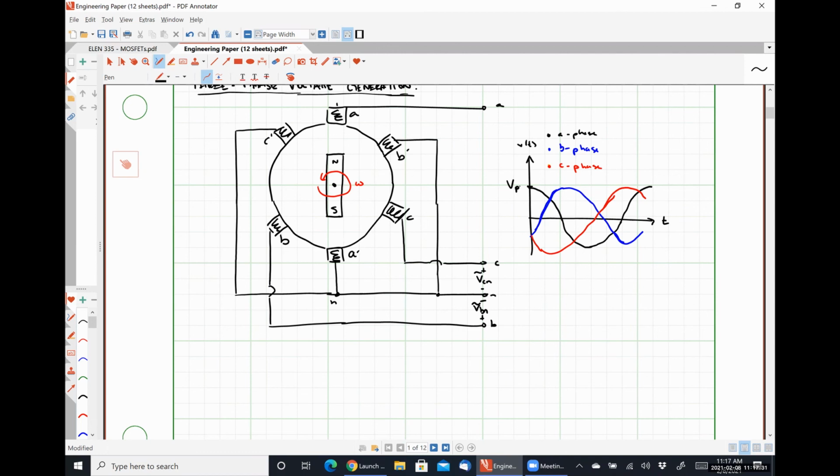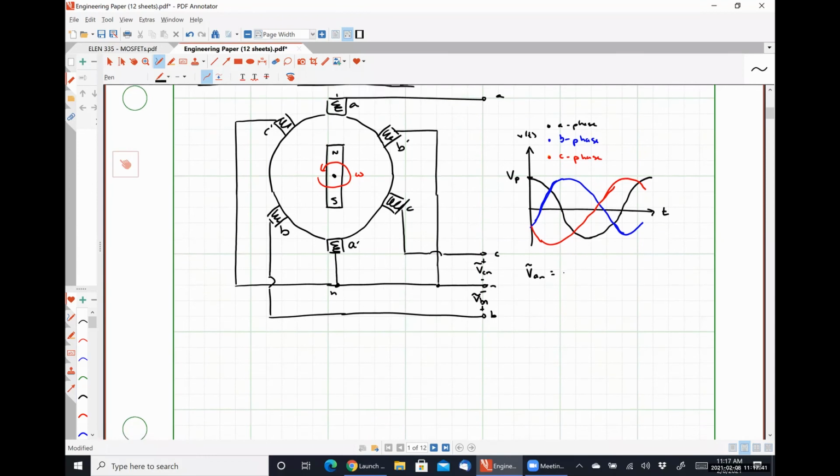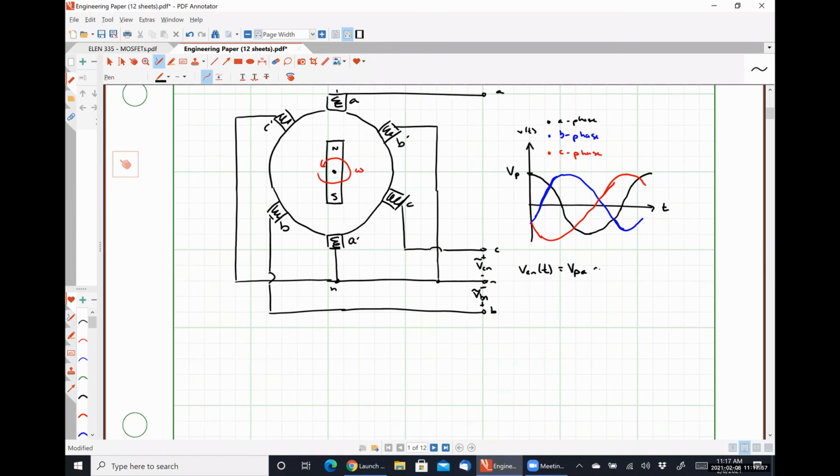It turns out that VAN, or let me do it this way actually. Look at it in the time domain first, because it'll be a little bit easier. VAN as a function of time is VPA cosine omega t.